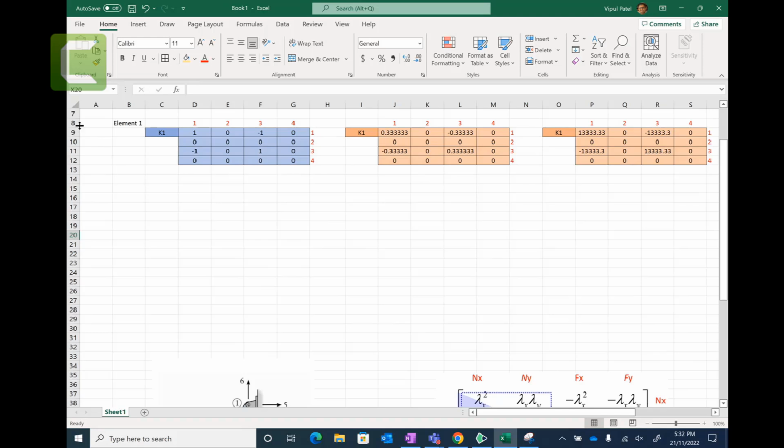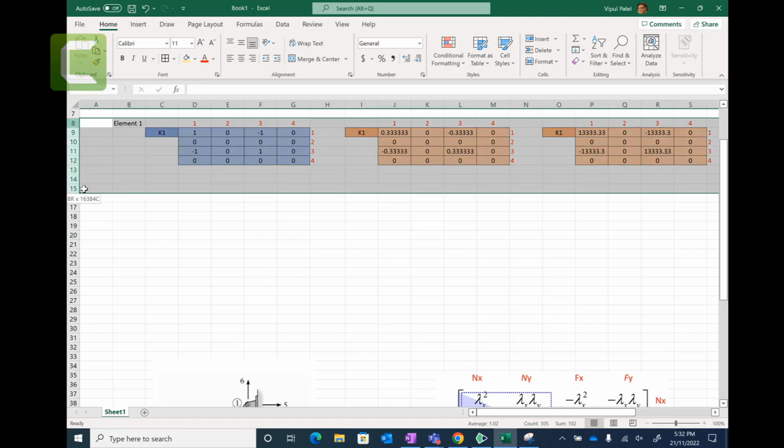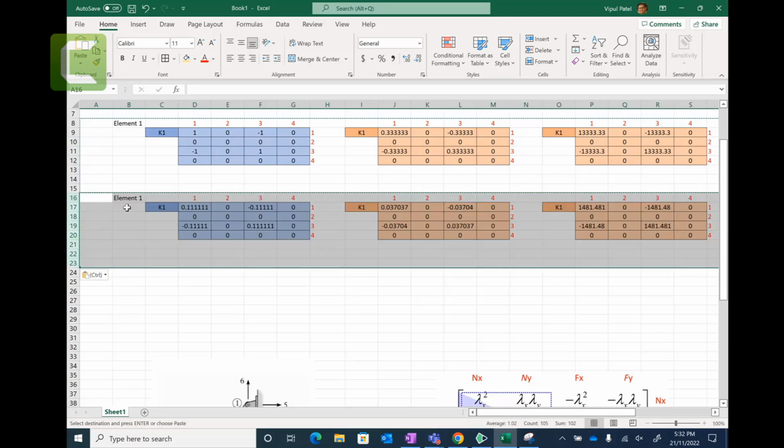Now element number 2 is quite simple. What we do is we just copy this whole thing and we paste it here, Control V. Right. So look at these ones.